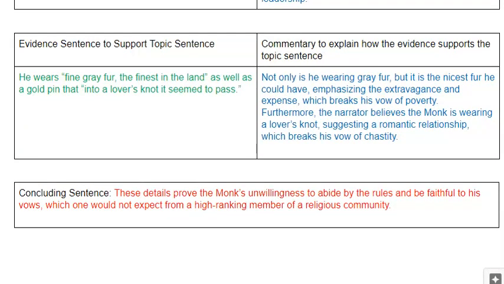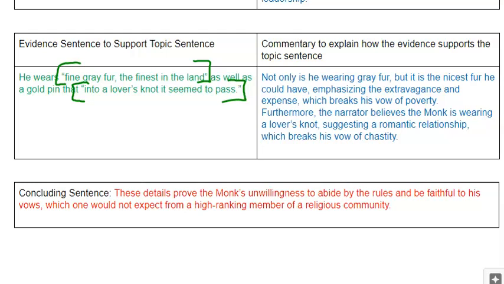He wears fine gray fur, the finest in the land, as well as a gold pin that into a lover's knot it seemed to pass. So notice how I incorporated my quotes here, right? I did not just give you a full line of evidence.